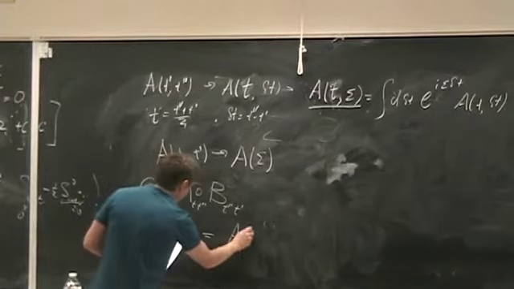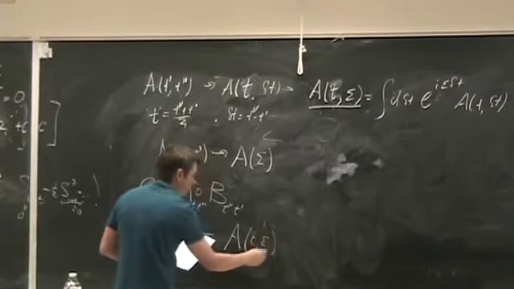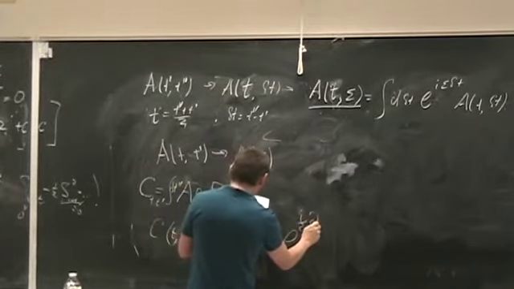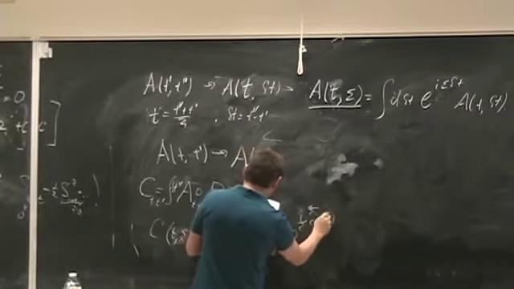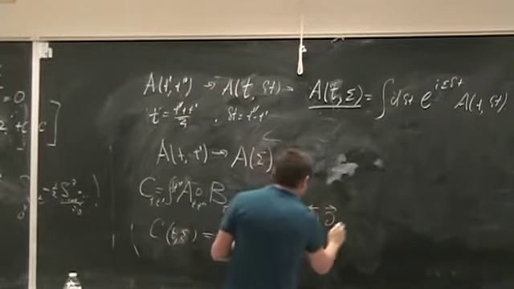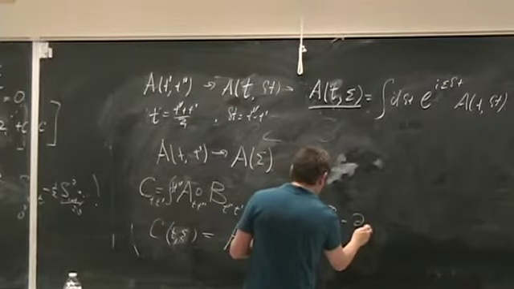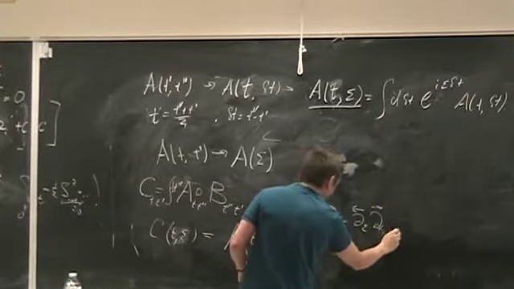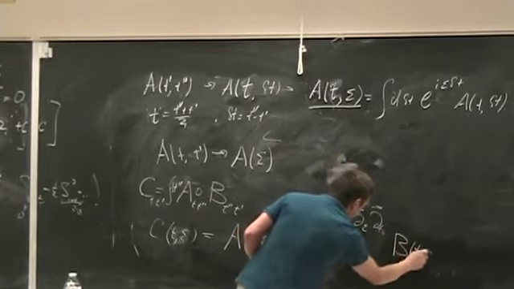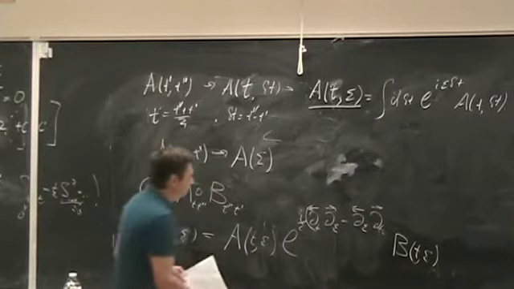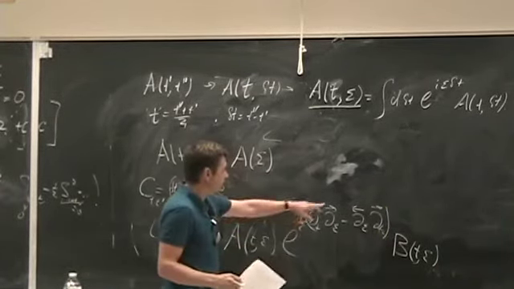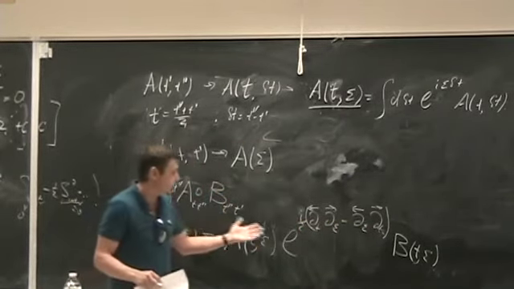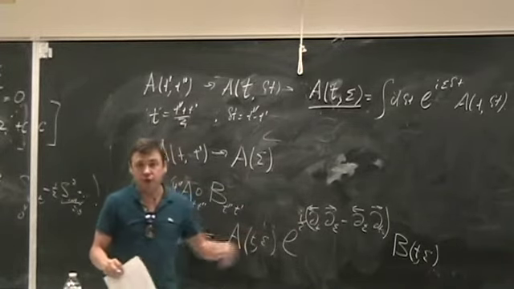It's A of T and epsilon, exponent of i over 2, d_T d_epsilon minus d_epsilon d_T, B of T and epsilon. So this arrows indicate where this derivative goes, to the left or to the right. And the meaning of this exponent is simply that if you expand it, you get a differential operator.